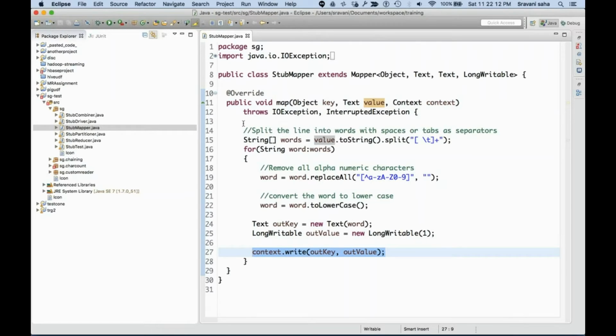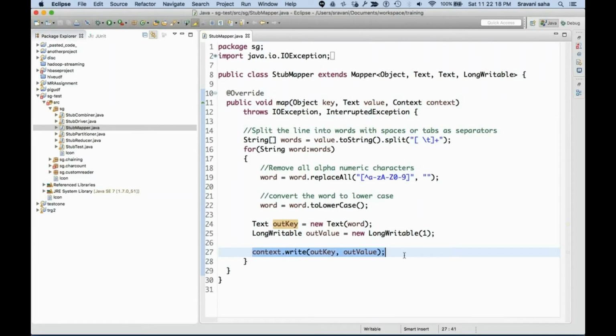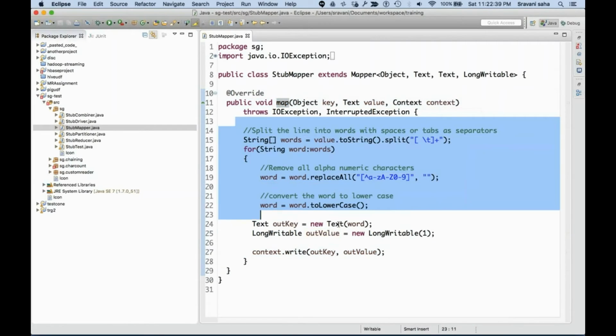Okay, so this piece of code, what is it doing? It's outputting key and value. It's saying this is my key, this is my value. For each of the words it iterated and gave a value which is nothing but one, and the key is each word of the input data. So the most important part is this is the code you write.